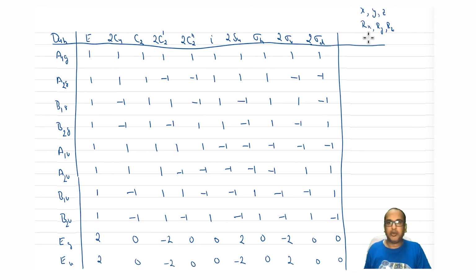Okay, so let us see which one will give you z. Let's see the character for tau z, and which one of them corresponds to z. Under E it will be +1, under C4 it will be +1, under C2 z does not change. C2 prime: z does change to negative, because it is the perpendicular C2, right?